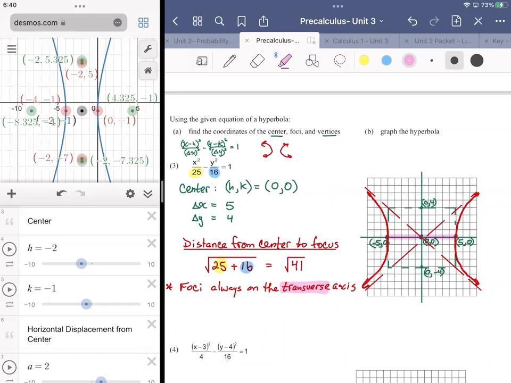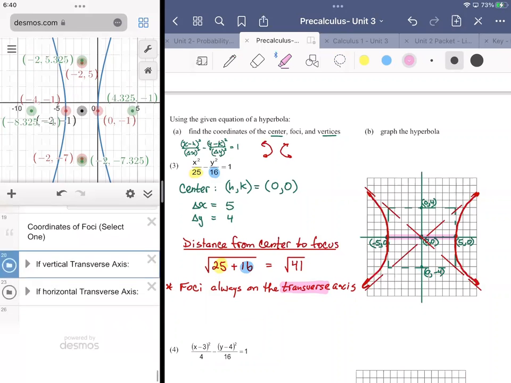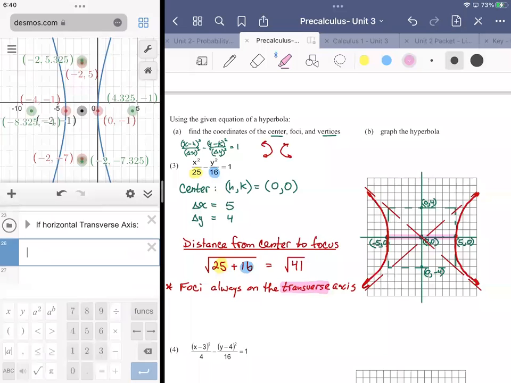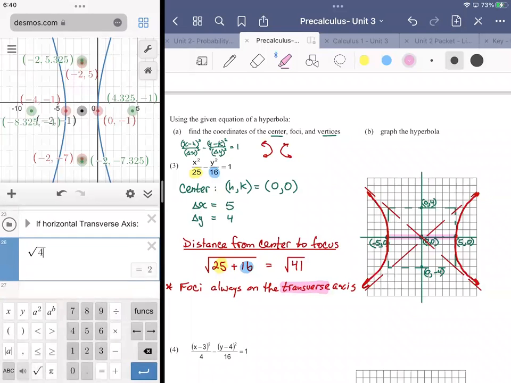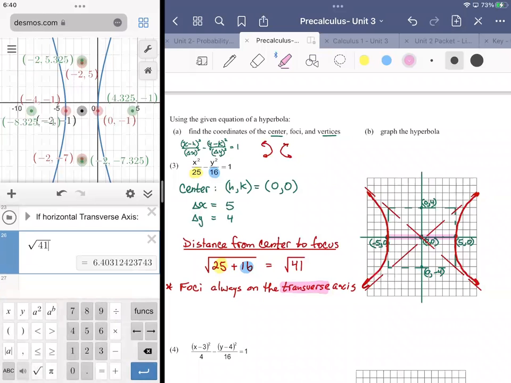So what this is telling me to do is go left radical 41 units and go right radical 41 units. If I pop that into a calculator, the square root of 41 would be about 6.4 units. So I'm going to go right about 6.4 units, left 6.4, right?